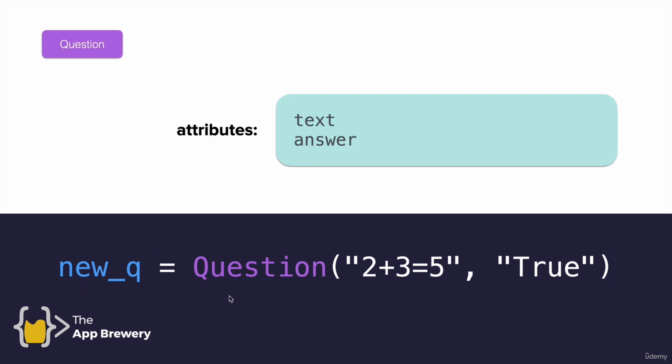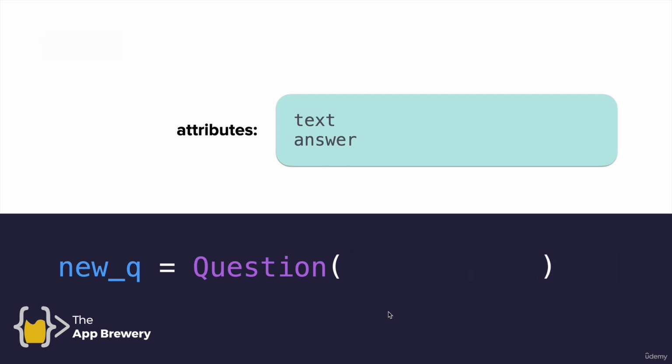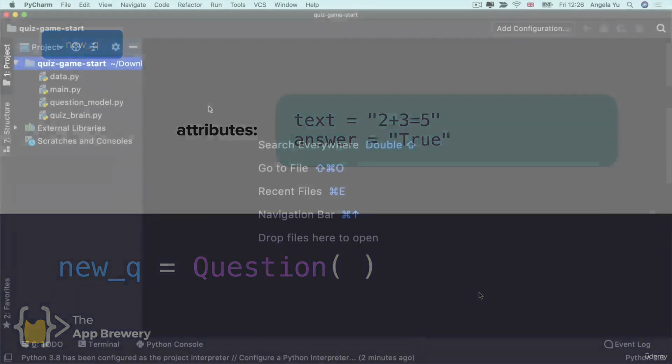When this initialization goes through, the constructor code inside the question class will take these 2 pieces of data and add them to the corresponding attributes, the text and the answer. So our new question object will have both of these attributes initialized with a value when it is being created.